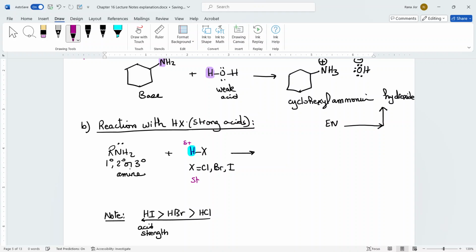So this one is going to be a stronger acid now, and the reason is that the hydrogen is connected to a more electronegative element. Therefore, it is more electron deficient, and because it is more electron deficient, it's going to be a stronger acid.